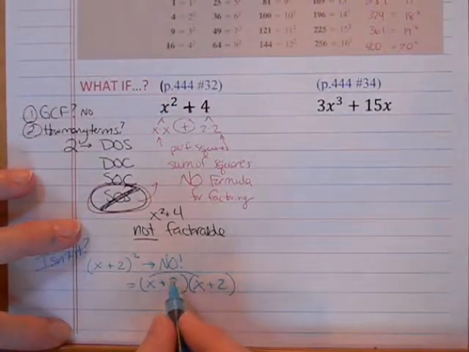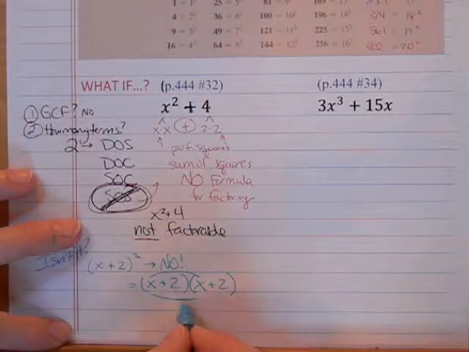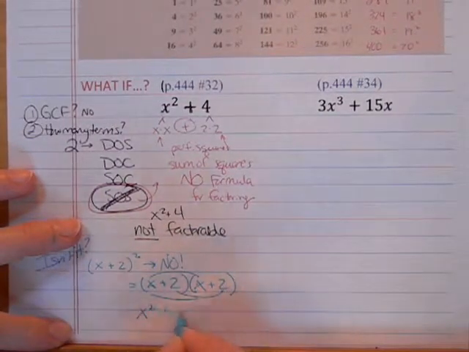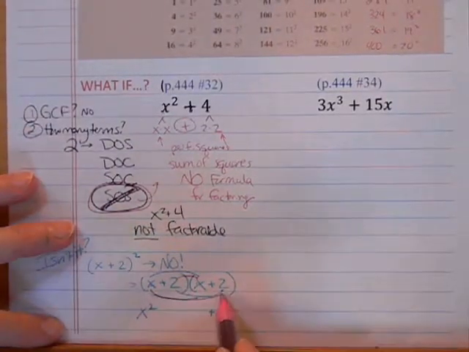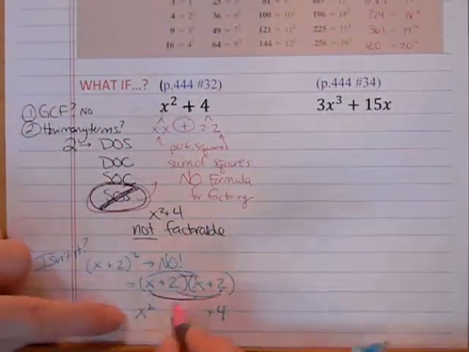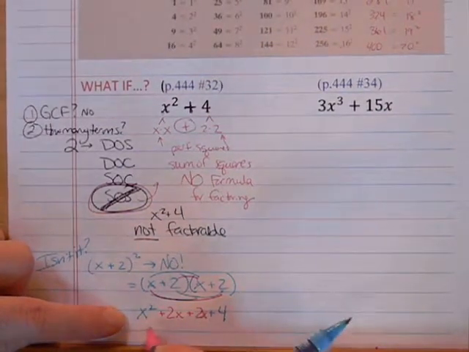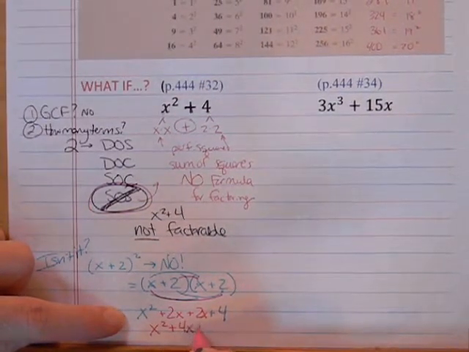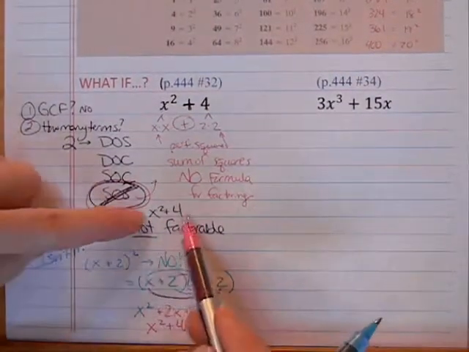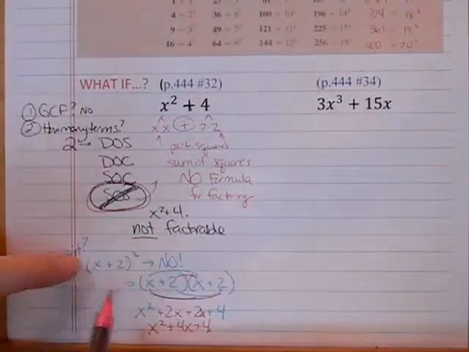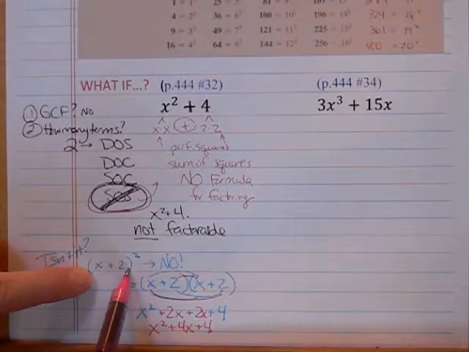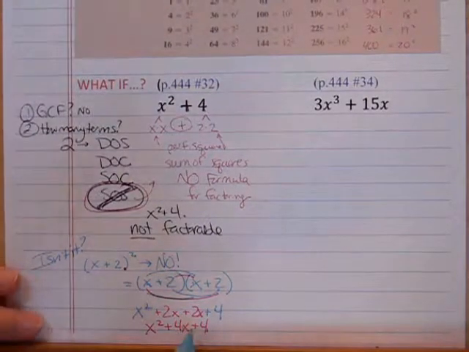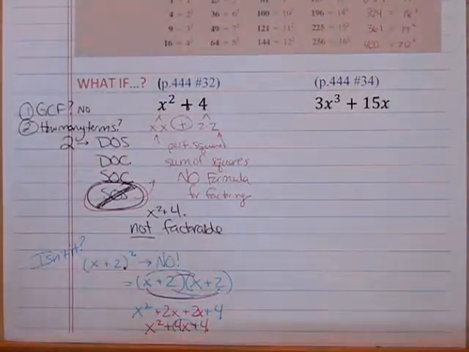And yes, when you do first and last, you get x squared and you get the plus 4, but the outside-inside pieces of 2x and 2x give you an additional piece there of the 4x, x squared plus 4x plus 4, which is very different than just plain old x squared plus 4. So make sure you understand that x squared plus 4 does not factor to x plus 2 times x plus 2, because you would be missing out on that inner piece. So watch for that.